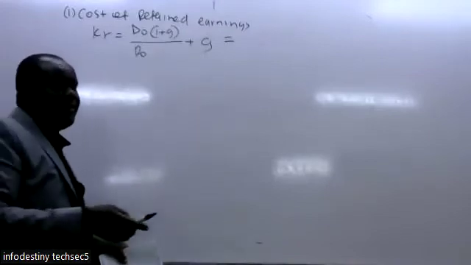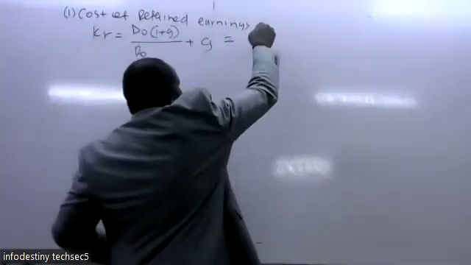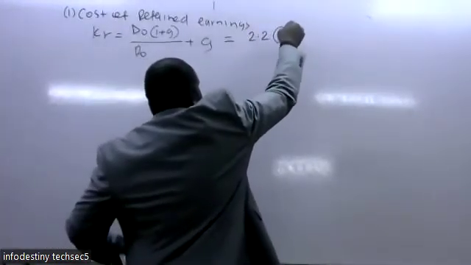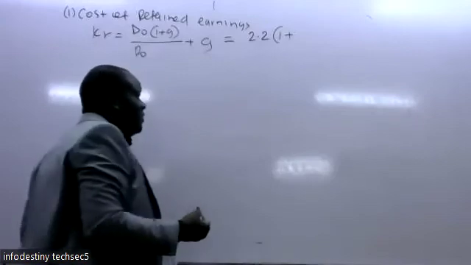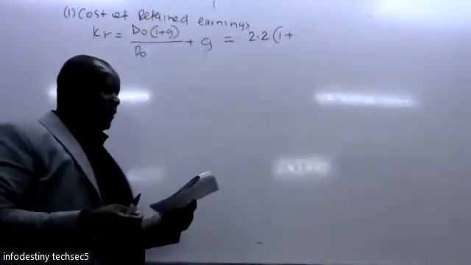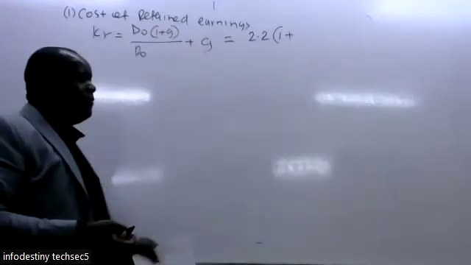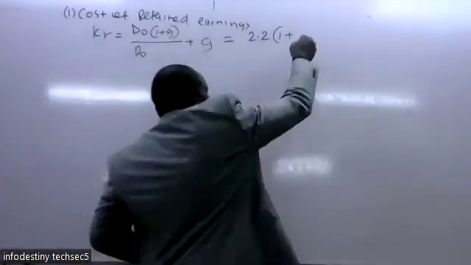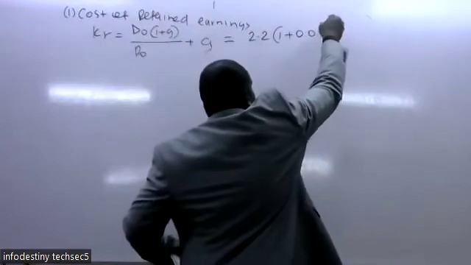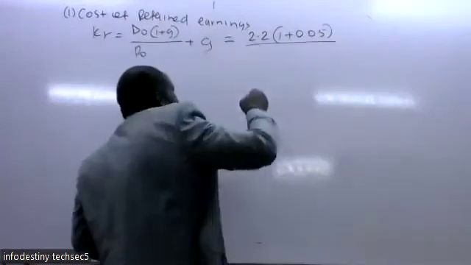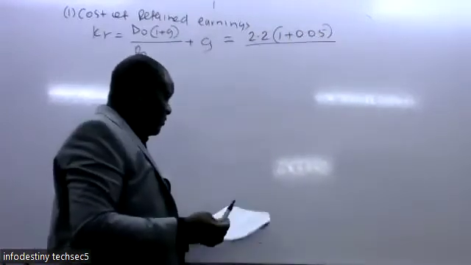Are you able to see that 2.2? So 2.2, then 1 plus G. G is the constant growth rate, which was given as 5%. So that 5% is the same as 0.05. Then we divide by PO.